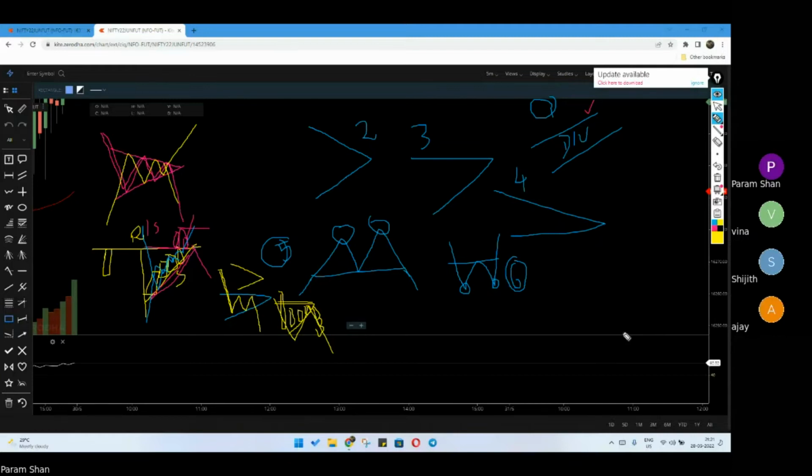So this is exactly just opposite to this descending triangle. It means that the stock had a fall. It came to this support line. Again, it started going up, going down, going up, going down. So this support price will be tested many times.